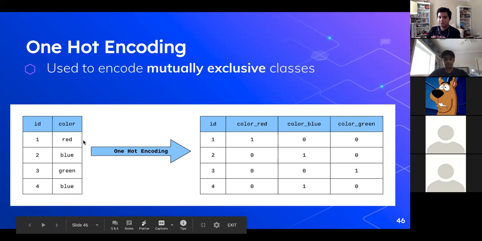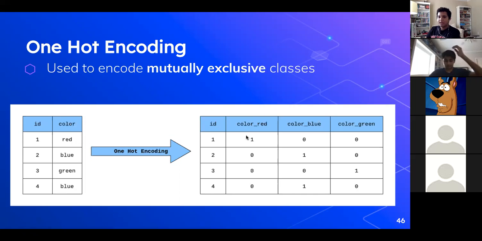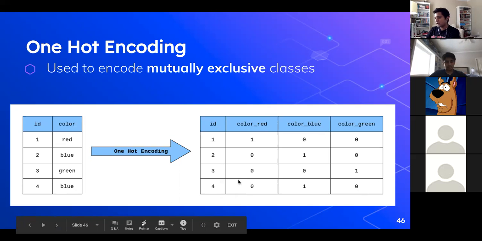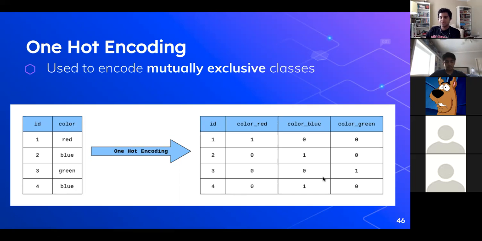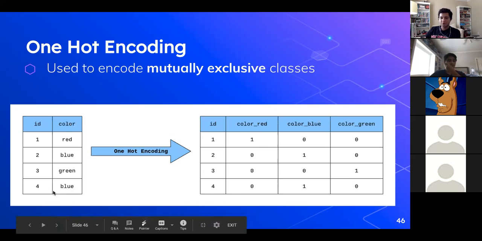You see how ID1, our first data point, is red. So we fill in 1 for red and 0 for blue and green, because ID1 is not blue, it's not green, it's just 1. By one-hot encoding it, we've represented our entire data set, all of our classifications, with just 1s and 0s. If we take a look at ID4, it's blue.